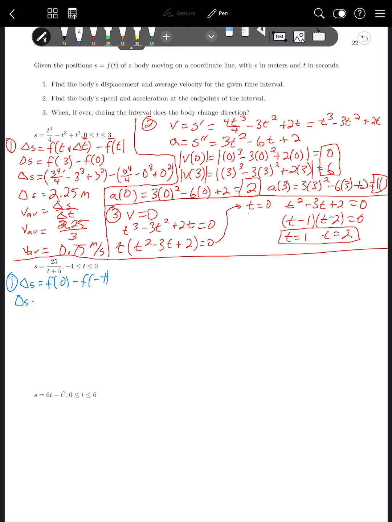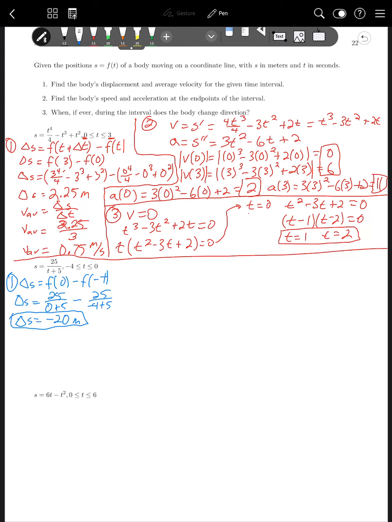So delta S would be 25 over 0 plus 5 minus 25 over -4 plus 5. And so that's going to be 5 minus 25. So the displacement is -20 meters.